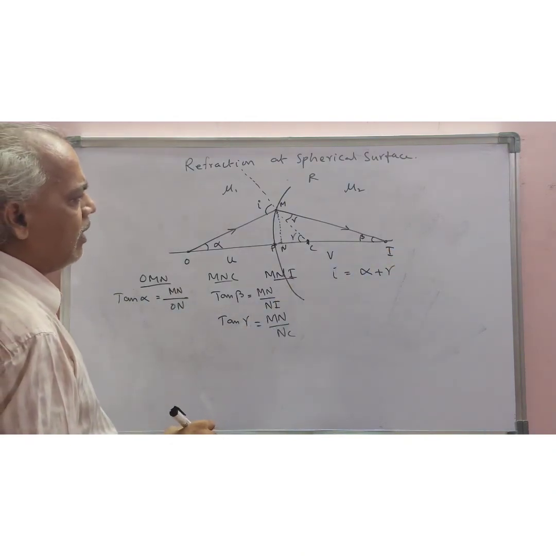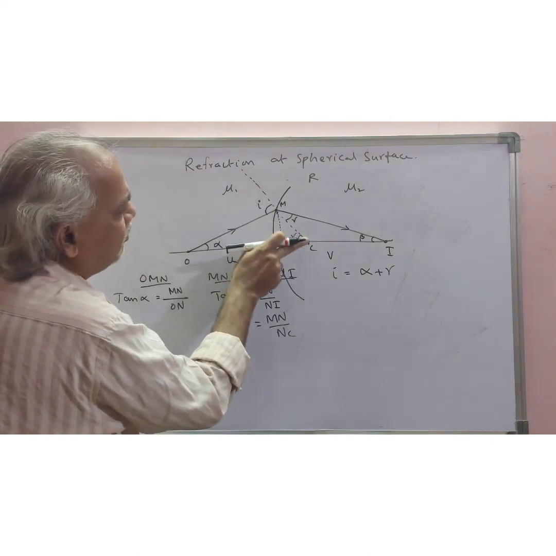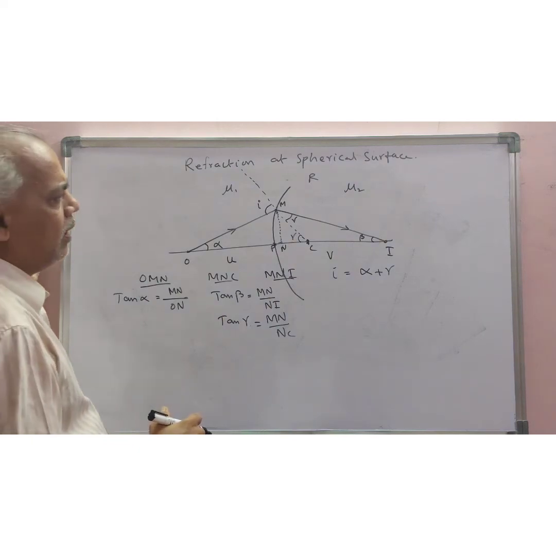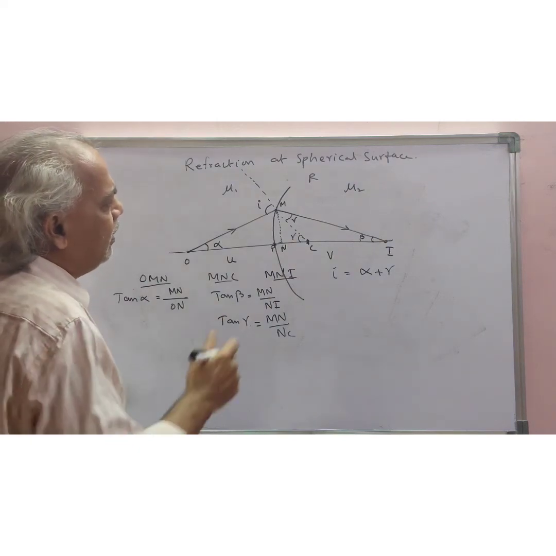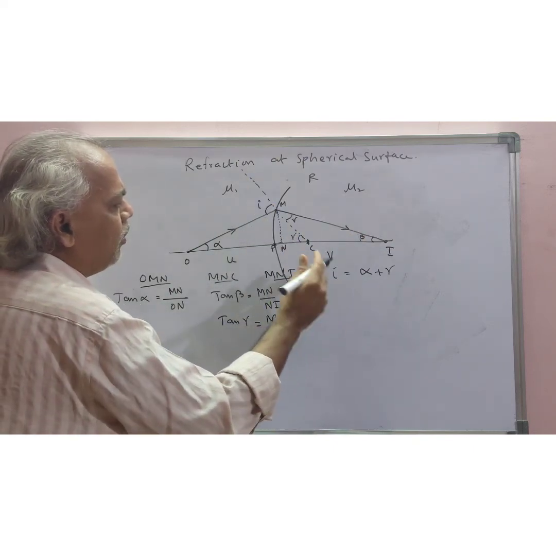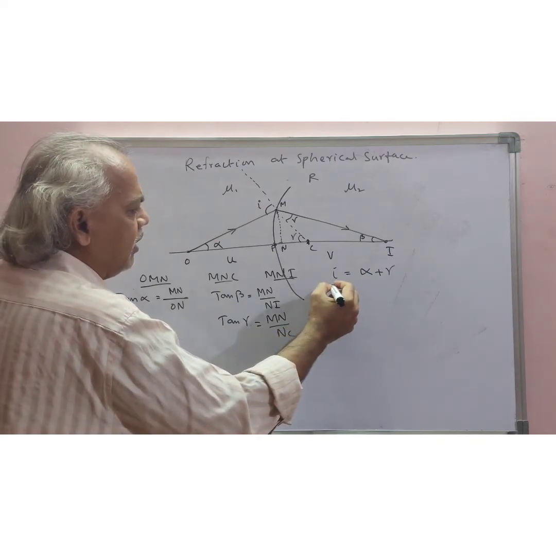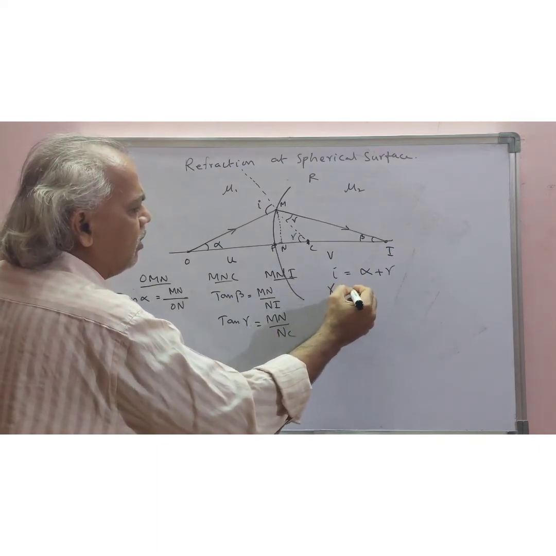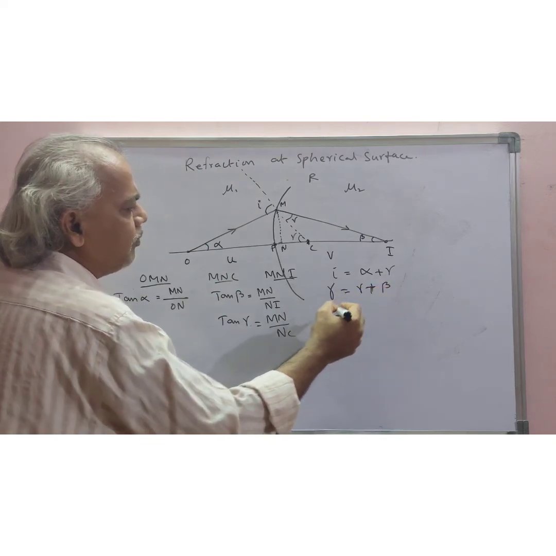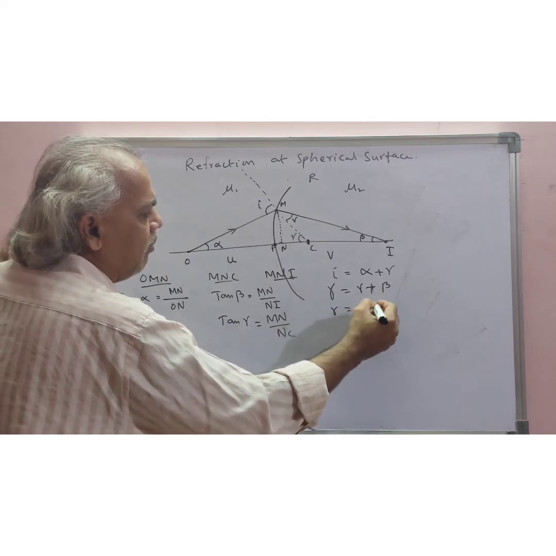Another triangle is MCI. Here gamma is the exterior angle, R is the angle of refraction, and the other interior angle is beta. So gamma is equal to the angle of refraction plus beta, so the angle of refraction R is equal to gamma minus beta.